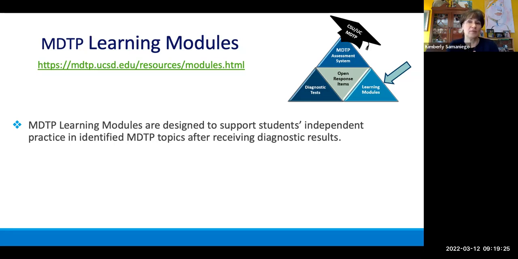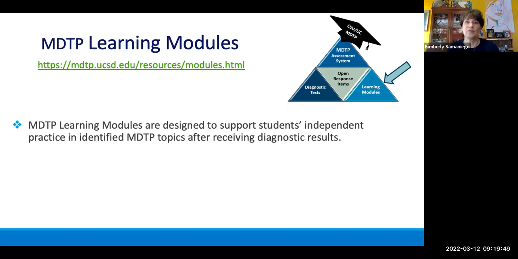We designed these for the Summer Bridge program at UC San Diego. Students coming in, we looked at the pre-calculus readiness test, which at the time and still is called the math analysis readiness test, and we found that some students may not be quite ready for the program we had designed for them in math. So the learning modules were a way for us to bridge some of that knowledge.